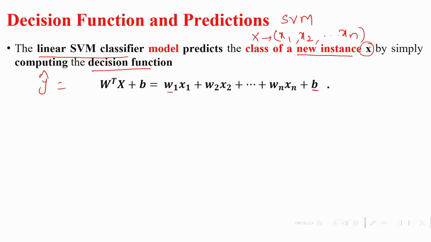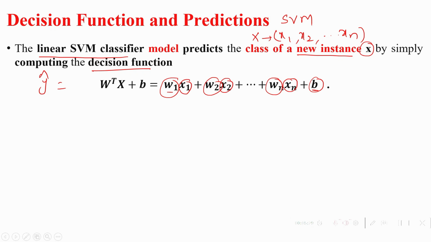That is very important here. Why? Because x1, x2 and xn are nothing but fixed values. Those are features of the corresponding data sets. So we cannot change the values of the x features of the corresponding instance. We can change the values of w1, w2, wn and so on, and the b value.